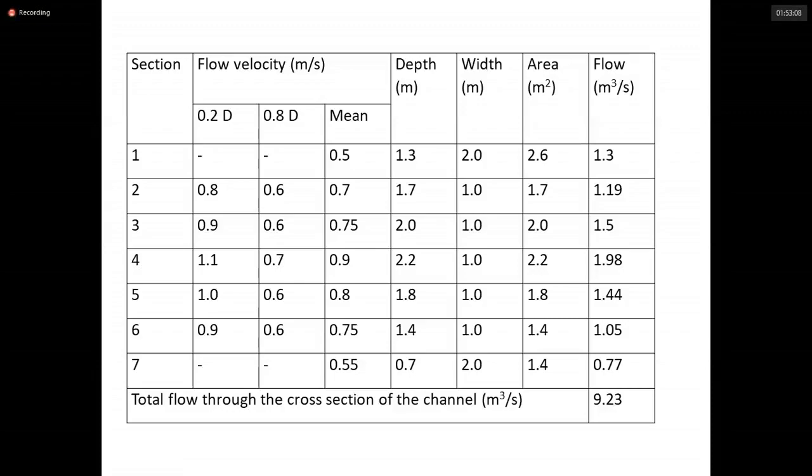So for your total discharge, you add the discharge from each section, and finally you give the total discharge from the cross section of the channel as 9.23 meter cube per second. So likewise, you have to do your calculation.